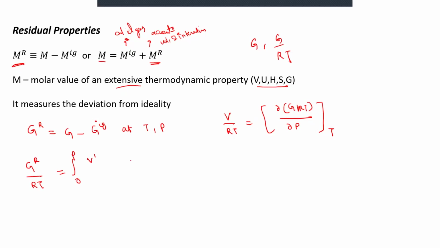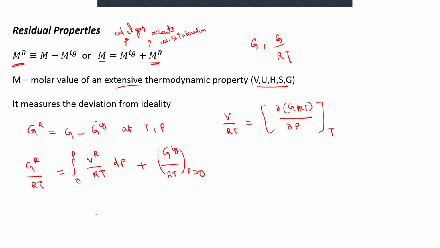This is the integrand, plus G^IG by RT at P tends to 0. That is when the ideal gas is defined. In the last session, we discussed that when P tends to 0, it is going to be ideal gas behavior.